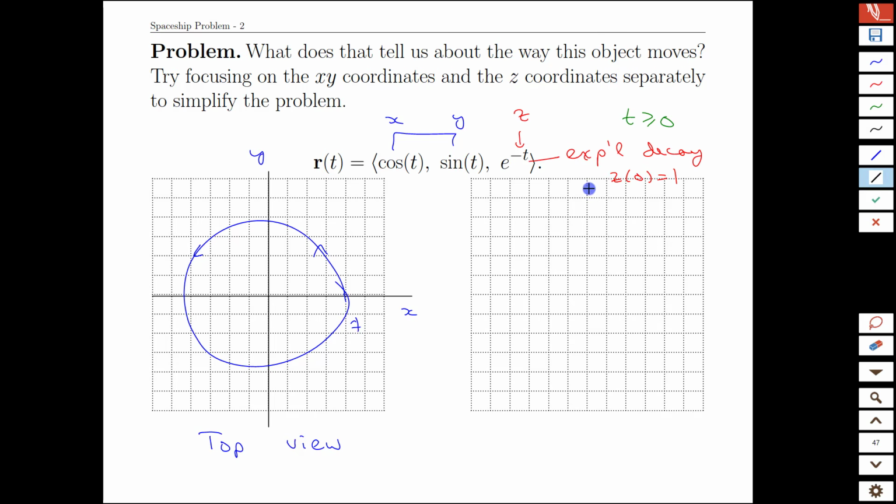Let's draw this in a similar way to the trajectories, limiting ourselves just to the z values. So we'll call these our z-axis, and that's 0. Here we're going to have z equals 1, and then it's going to be a trajectory that goes down and down and down. We'll only have one dimension here, so it's just going to be tracing out an arc where it's decreasing over time, but it never quite reaches 0. So our z values are going to start at 1 and then go down quickly and then slower and slower.